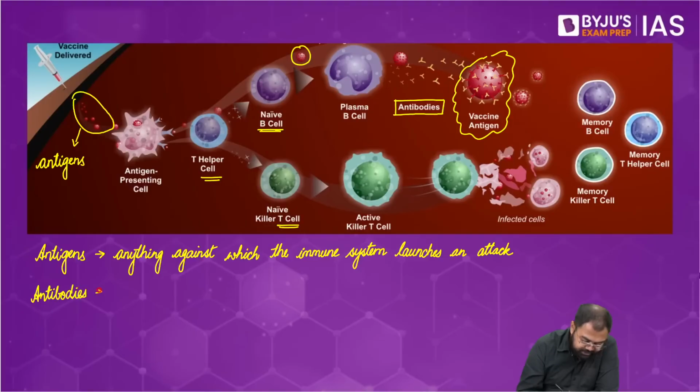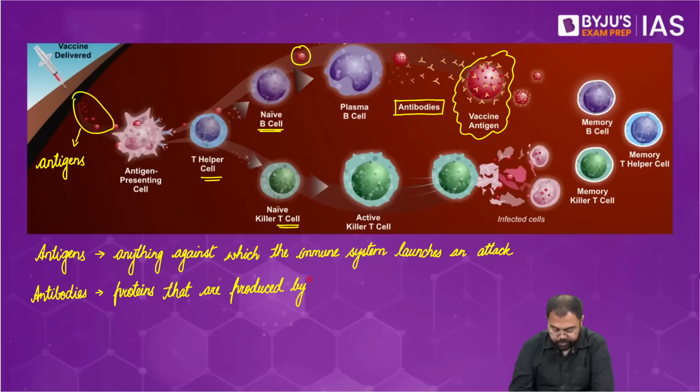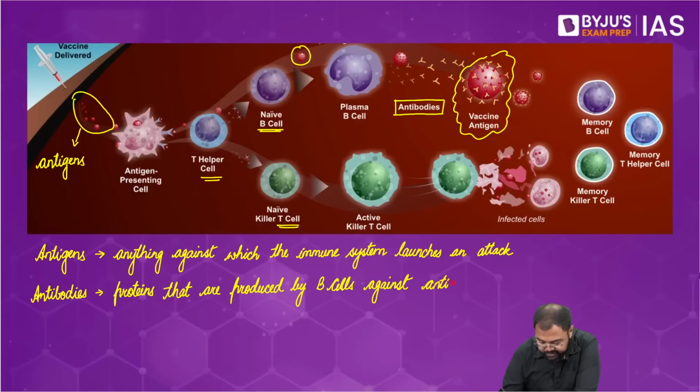So antibodies basically are proteins that are produced by B cells against antigens.